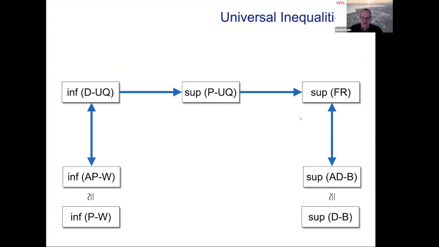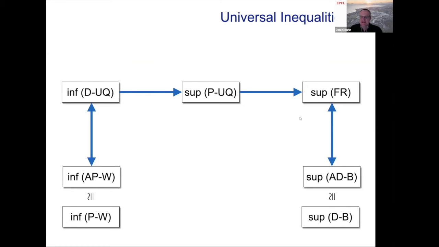Okay, so here's a schematic of the optimization problems introduced so far. It shows that the dual uncertainty quantification problem is equivalent to the ambiguous primal-worst, which can be viewed as an instance of the primal-worst problem, so of a robust optimization problem.